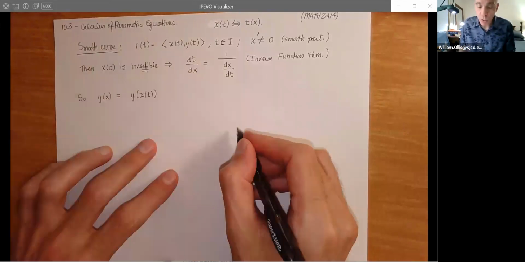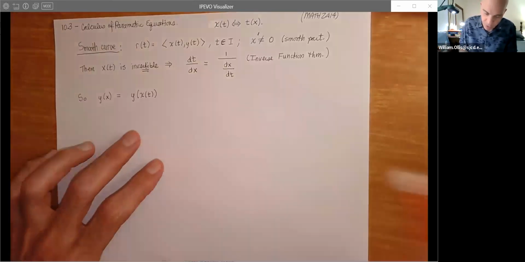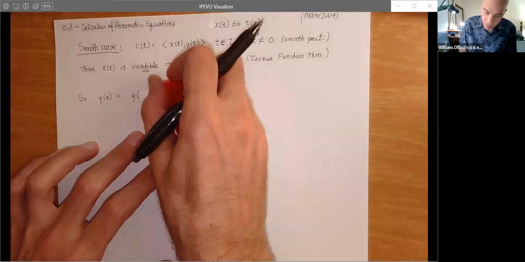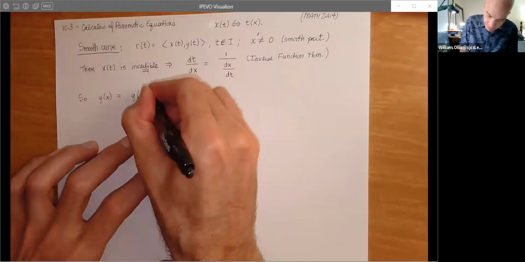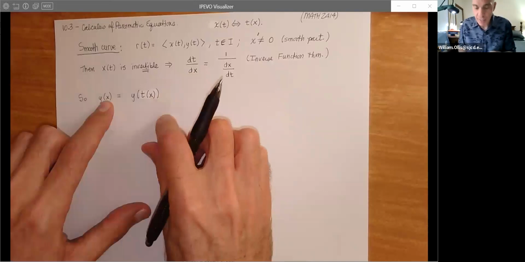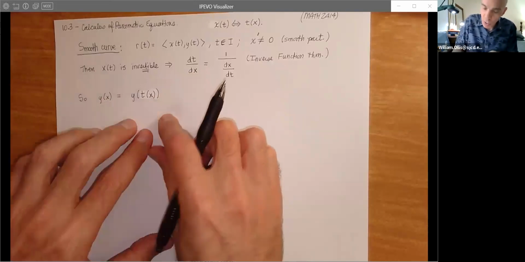Actually, I want to reverse that. x is my independent variable, so I use my t of x. Need to get the right order. So this is a function of x, and this is a function of x, since t is a function of x.